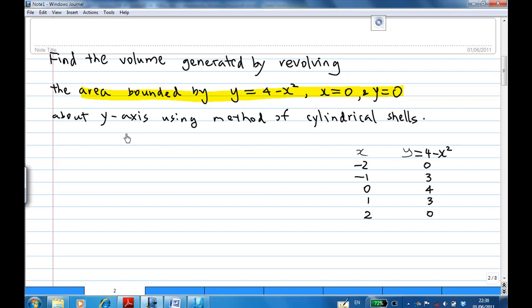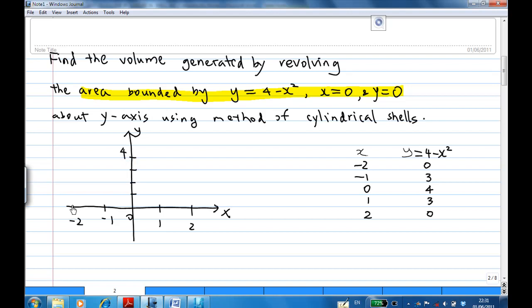And so, this is how the graph of y equal to 4 minus x squared looks like. You have an xy axis. So 1, 2, 0, minus 1, minus 2, and 1, 2, 3, 4.